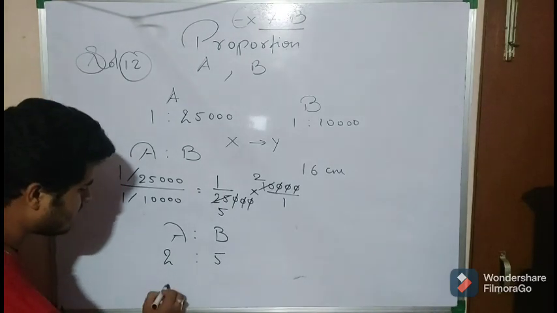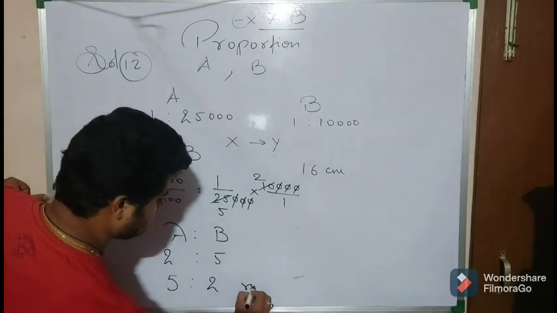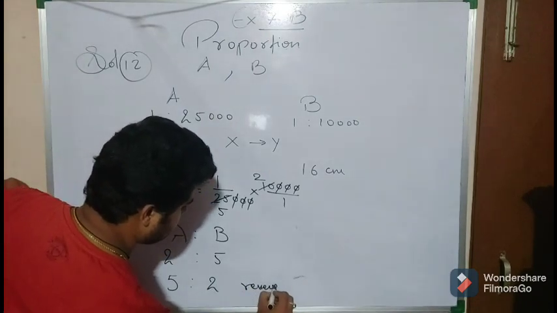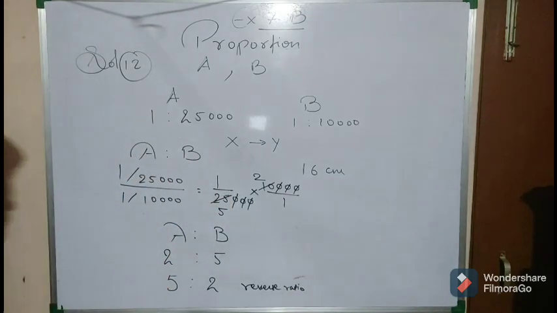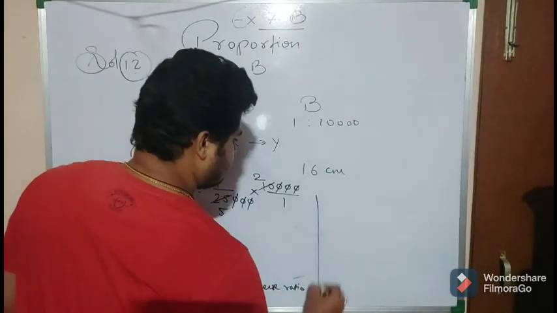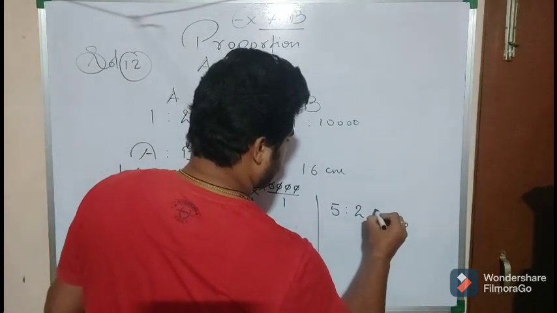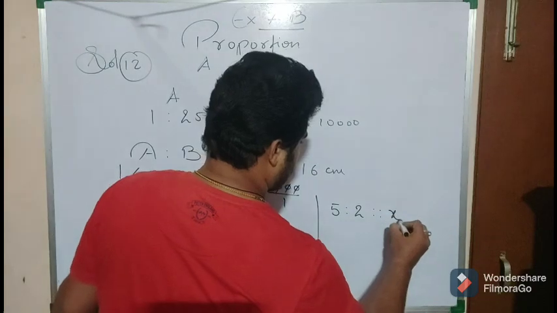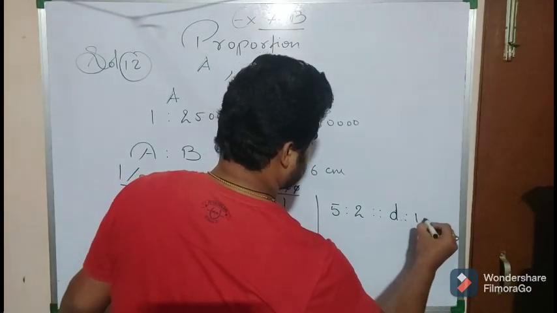So on reversing the ratio, we will get 5:2. So now 5:2 is to D, where D is the distance, ratio 16.